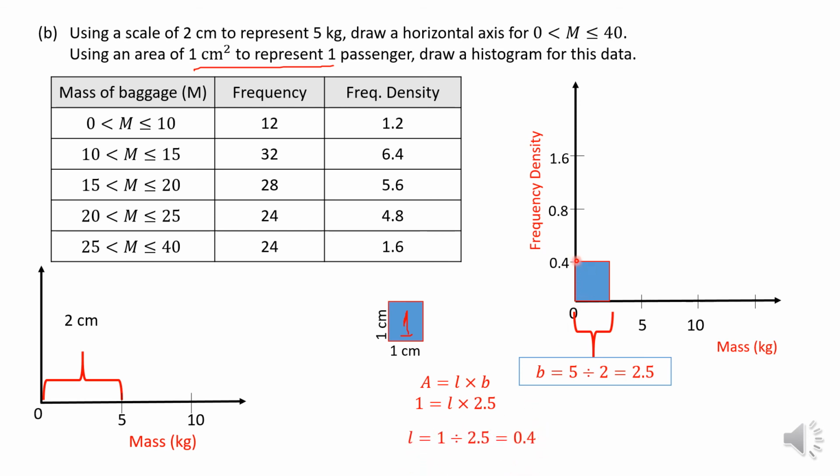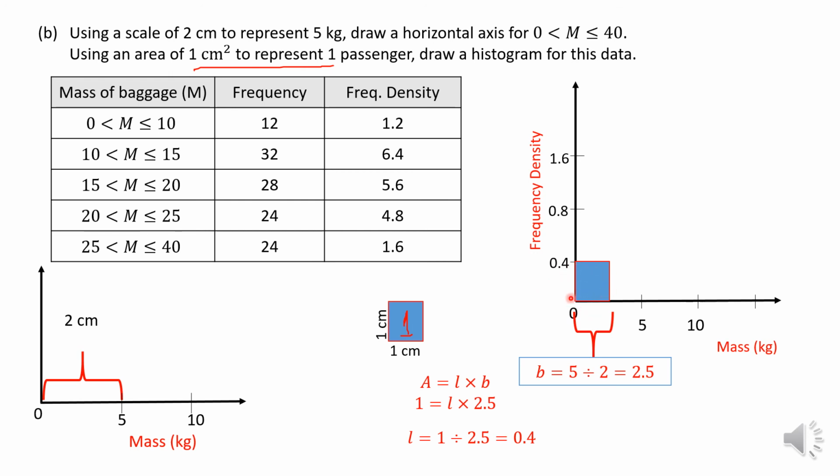So 1 centimeter on the y-axis will represent 0.4 as you go along. That is very important to understand. If you multiply 0.4 times 2.5, you get 1.